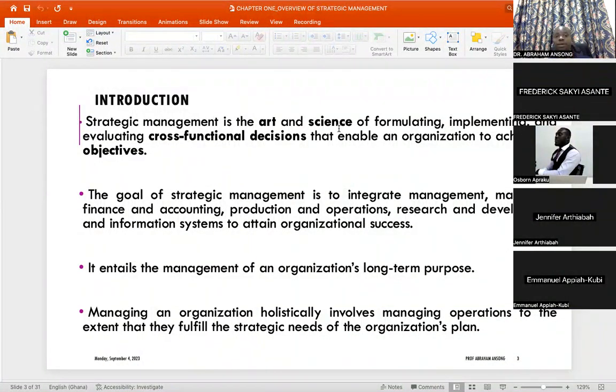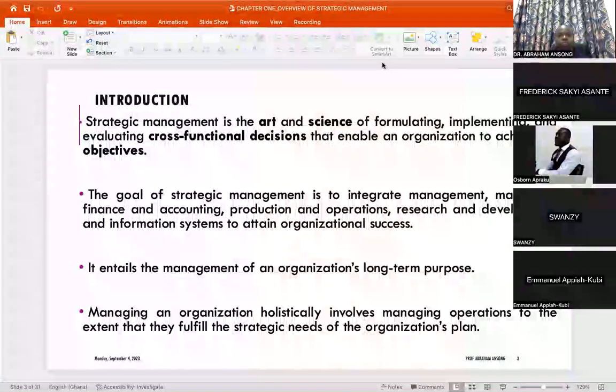The other key term we have to note is cross-functional decisions. In strategic management, you want to pull all the functional areas of a business together in order to achieve the objectives of the organization. So if you're into strategic management, you won't be seeking to solve functional problems, but you're seeking to integrate all the functional areas of the business to work together in order to move the organization towards a particular direction.